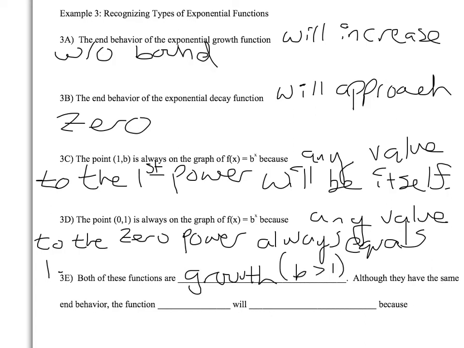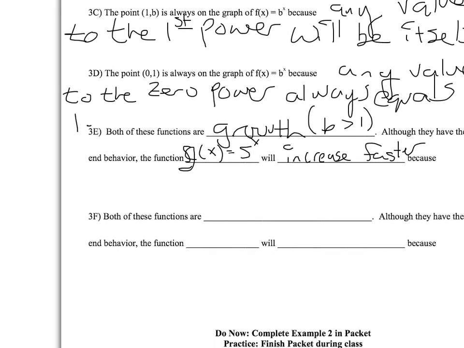Although they have the same end behavior, the function g of x equals 5 to the x will increase faster. And the reason is because it has a larger base.